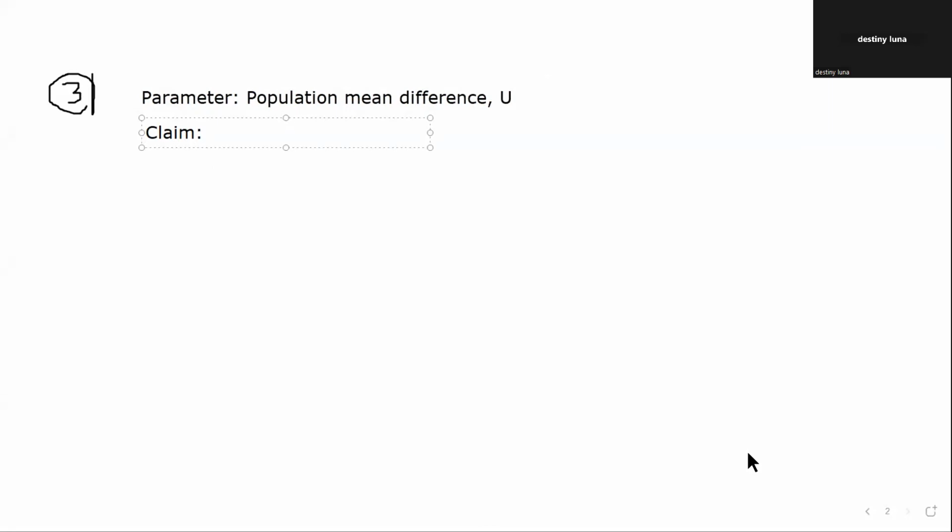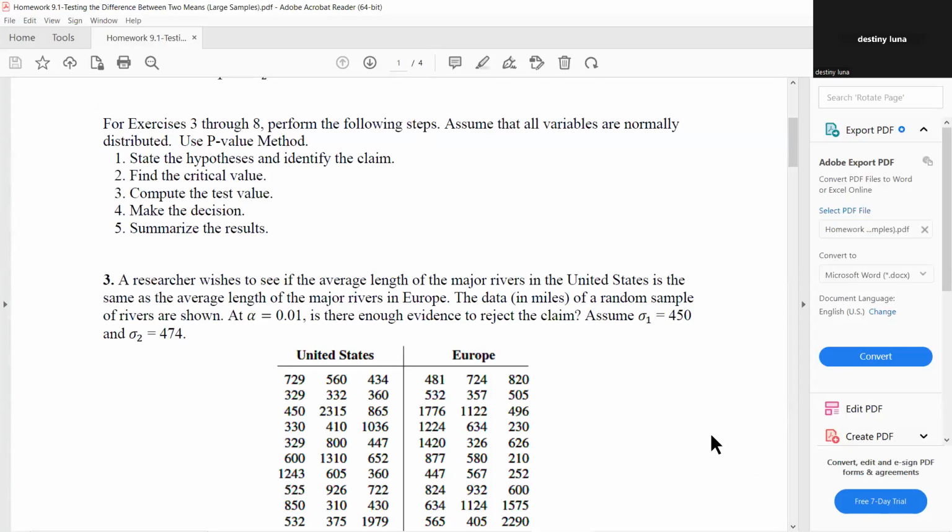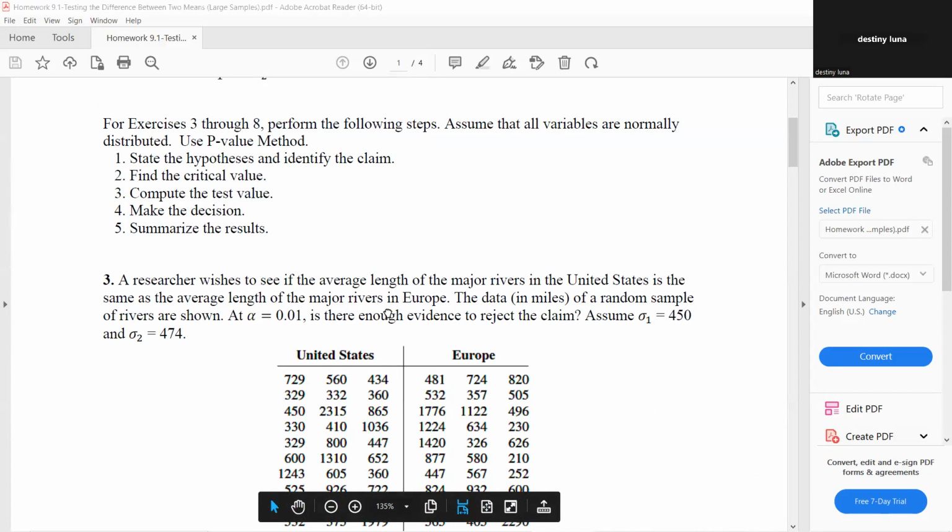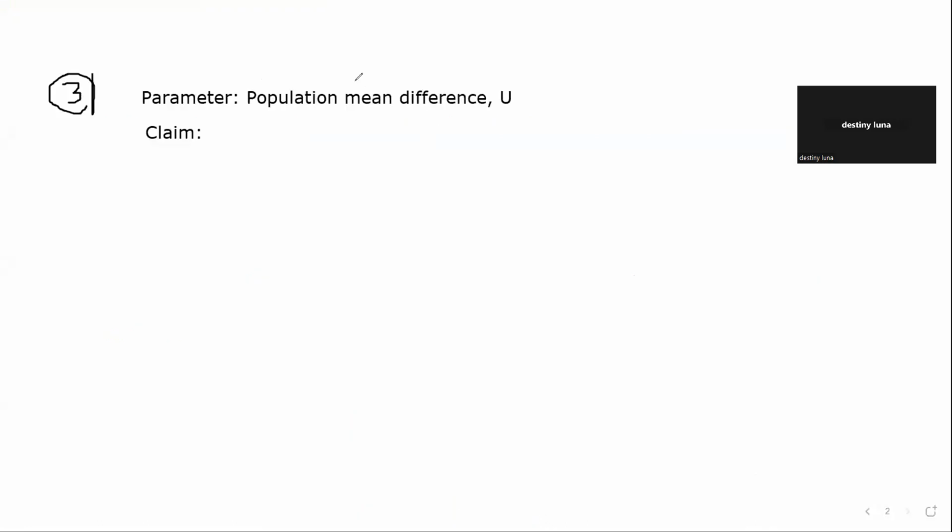It says a researcher wishes to see if the average length of the major rivers in the United States is the same as the average length of the major rivers in Europe. So they want to see if the length is the same. So what we're going to do here is, let me go back to the whiteboard. Your claim here is going to be that the rivers are the same.